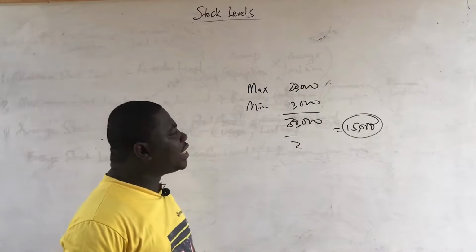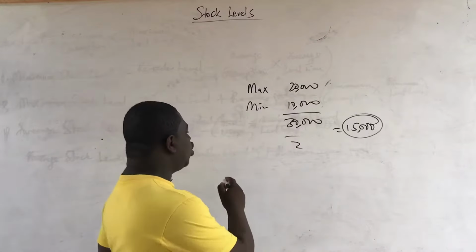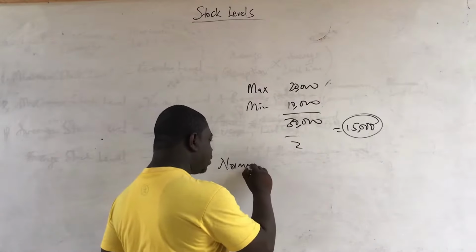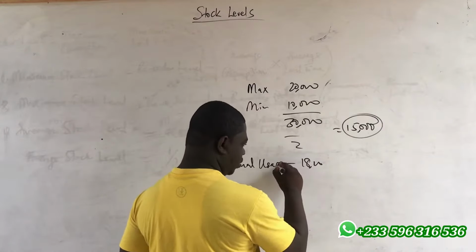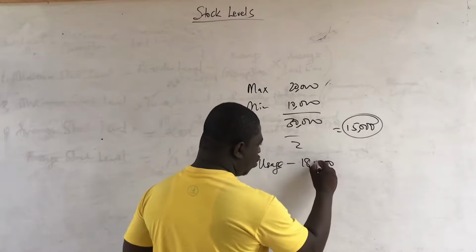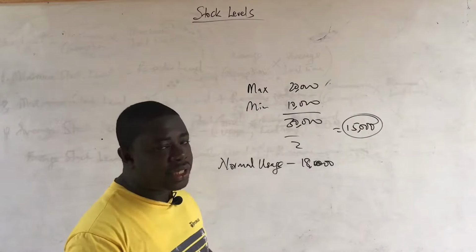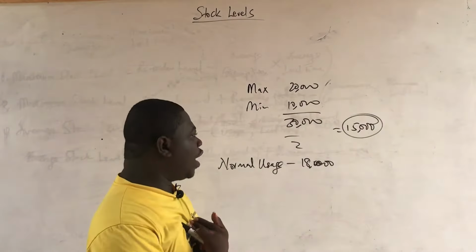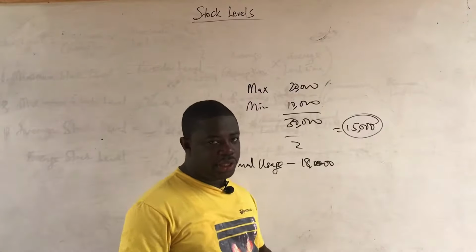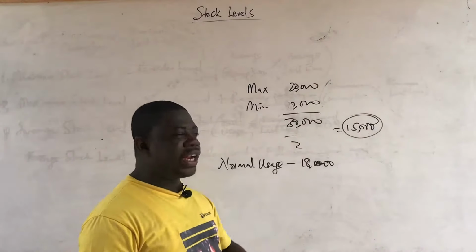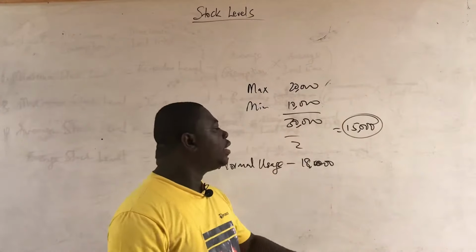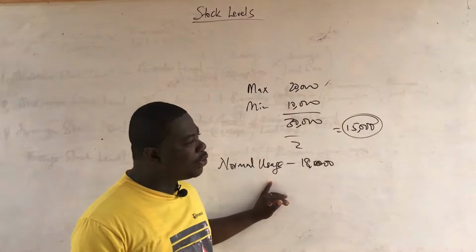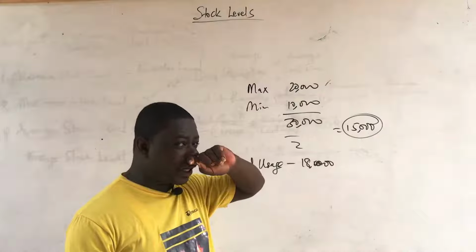However, the question may decide to give you normal usage as, let's say, 18,000, or average usage as 18,000. Now, when you calculate your own average usage, you are getting 15,000. But the question is telling you that the normal usage is 18,000. Please and please again, go by what the question has given you, even though you know it should be 15,000.